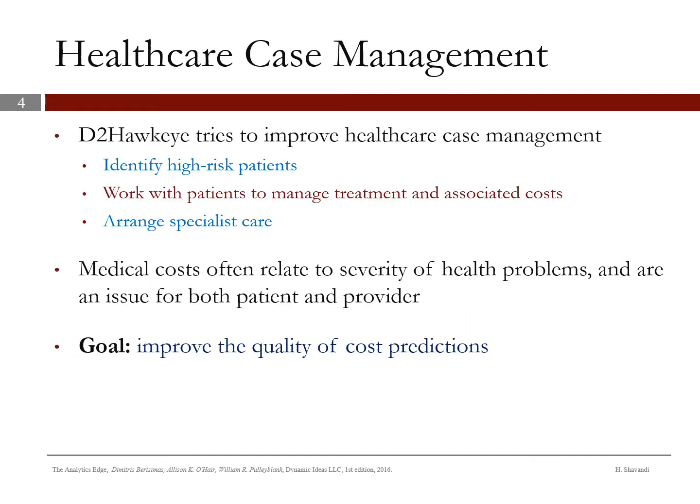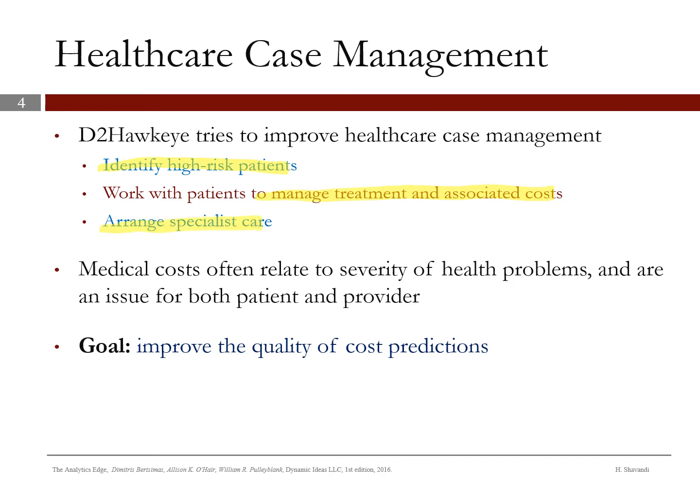In healthcare case management, we need to identify the high-risk patients and then we need to work with patients to manage the treatment and associated costs, and if needed, we will arrange the specialist care.